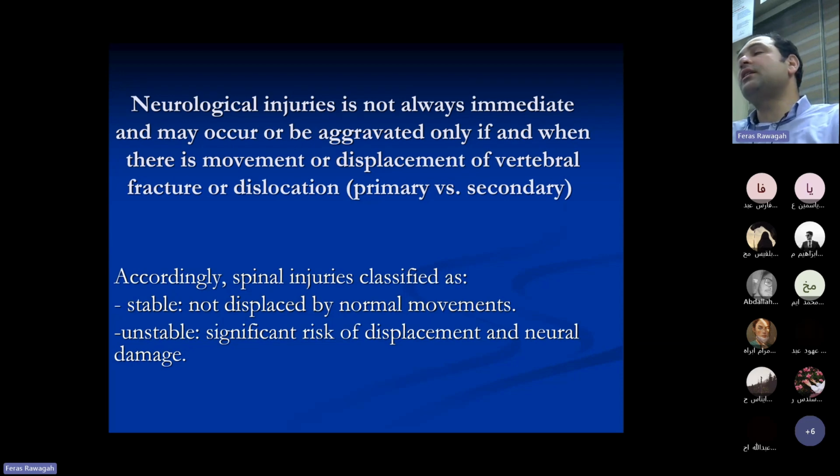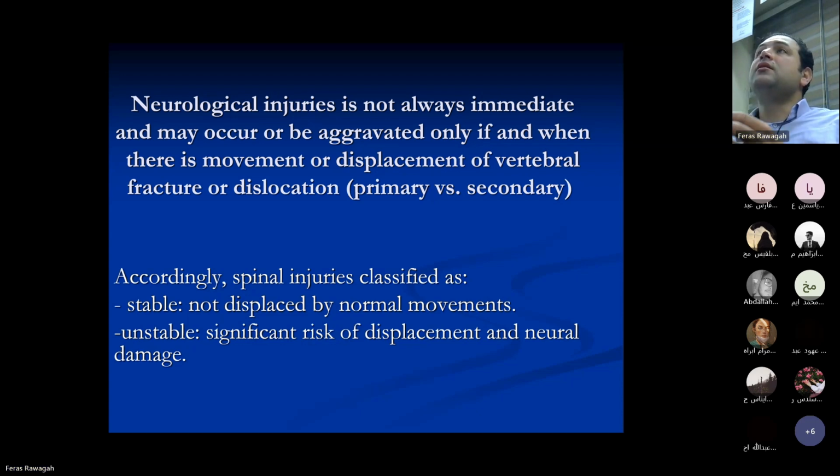Another mechanism by which secondary injury happens is the ongoing compression. If the spinal cord is actively compressed, if the spinal cord has ongoing compression now, this compression results in ischemia.